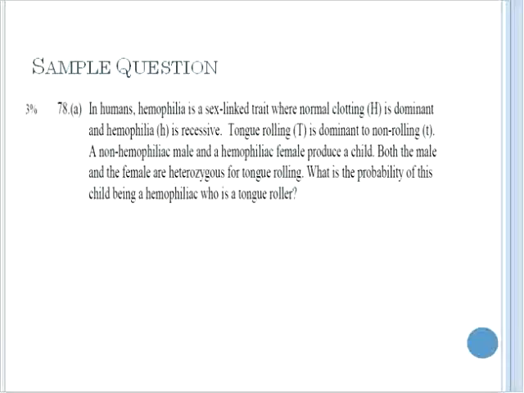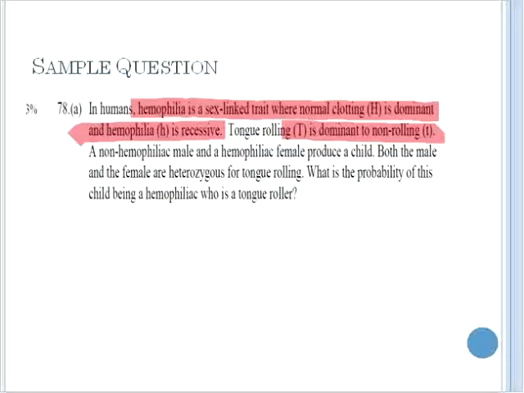Constructive response questions have also been posed, which involve the uses of sex linkage in completing the cross. In this question, you are told that hemophilia is a sex-linked trait where normal clotting is dominant and hemophilia is recessive. Tongue rolling is dominant to non-rolling. So those are your two traits. So, normal clotting, big H. Little h, hemophilia.